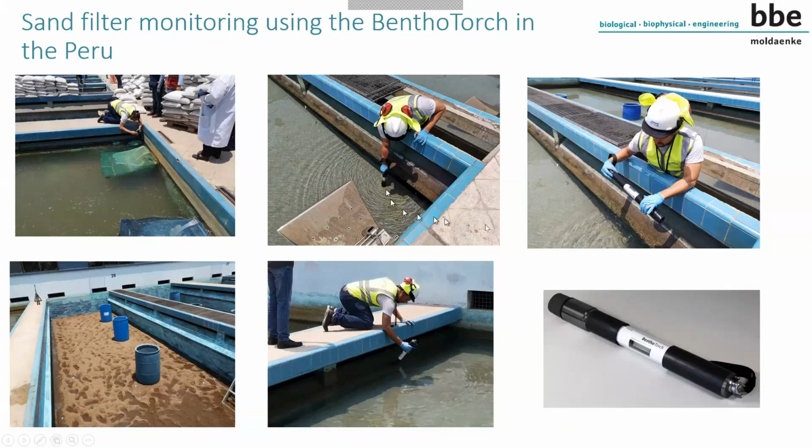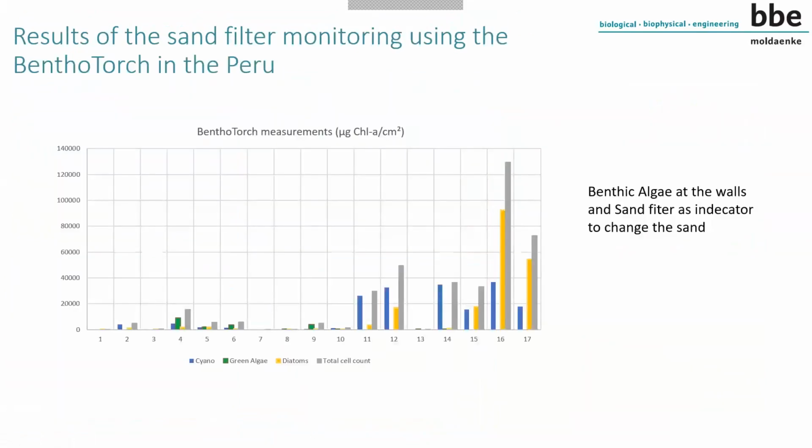If they measure in the sand and the benthic algae on the sand get too high, they have to remove the sand, and they measure also on the walls if they have to clean them more properly or not. And that is a good, interesting application with this instrument.